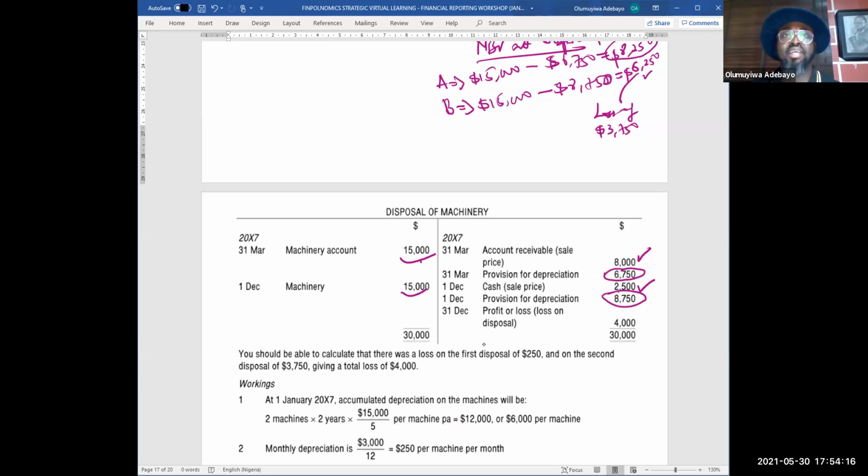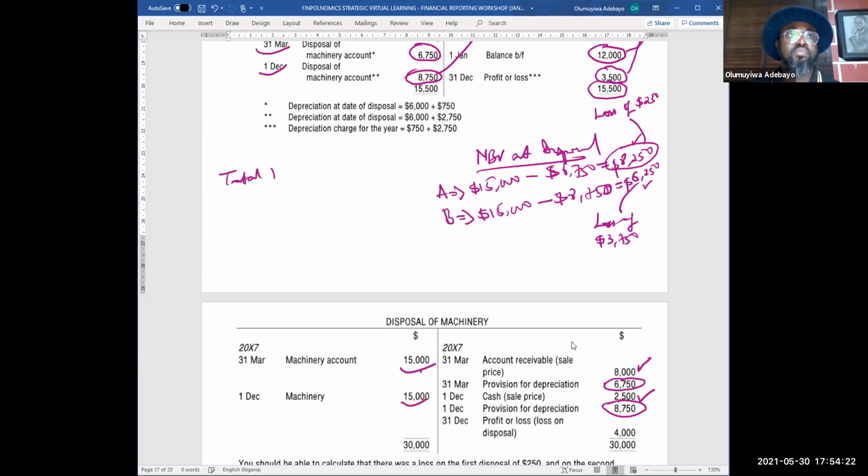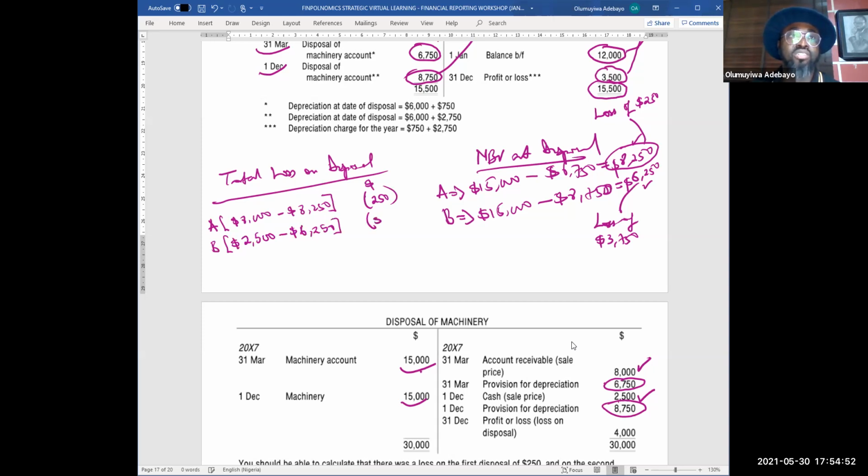At the end of the day, you find out that your total loss on disposal is, for machine A, the difference between the 8,000 and the carrying amount of 8,250, which is 250 loss, and machine B, which is 2,500 minus the carrying amount of 6,250, which is 3,750.